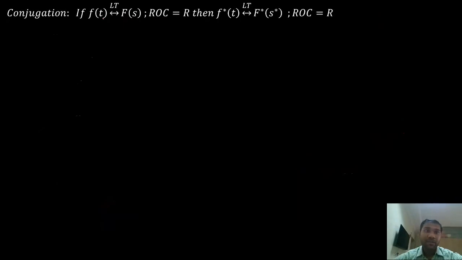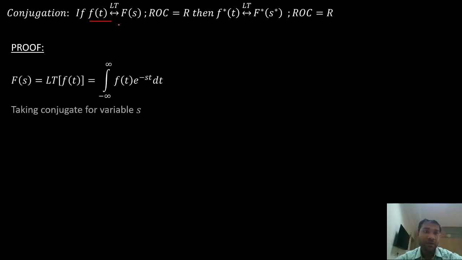The next property is the conjugation property. What happens to the Laplace transform if I take a conjugate of my time domain signal? So the Laplace transform of f conjugate of t, right? This is what I have to find. First I'm writing the Laplace transform equation. F of s equals to minus infinite to infinite f of t e power minus s t dt.